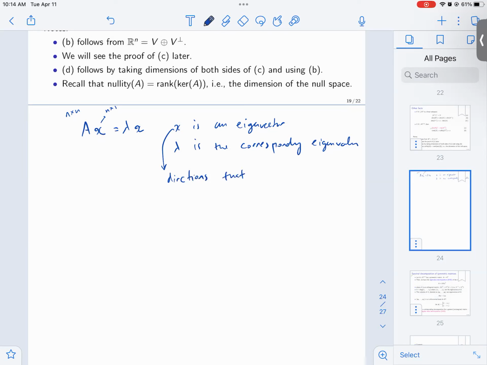If you want to be very precise, the span of x is the line that passes through x. That line is preserved, because the result is going to be on the same line.